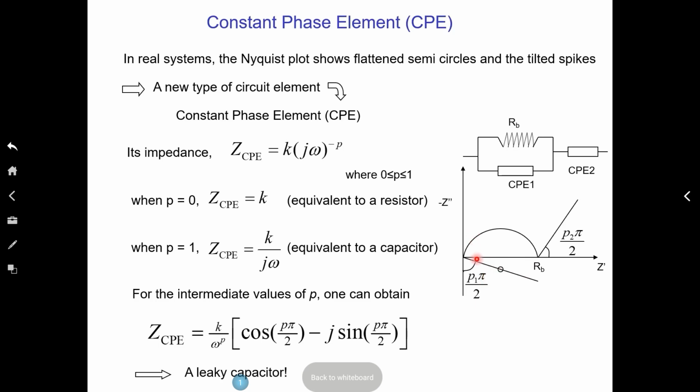The deviation angle will be zero, meaning that the center of the semicircle will really lie on the real axis. So people use this deviation to get an idea of how heterogeneous the microstructure is. And you can verify by changing the microstructure to see whether that kind of interpretation is correct.